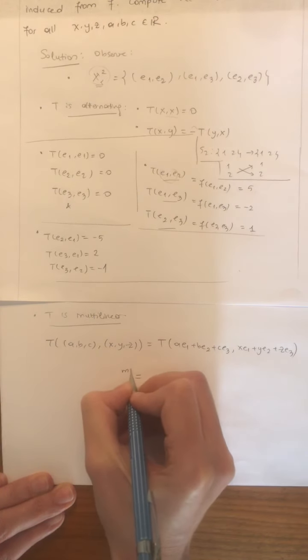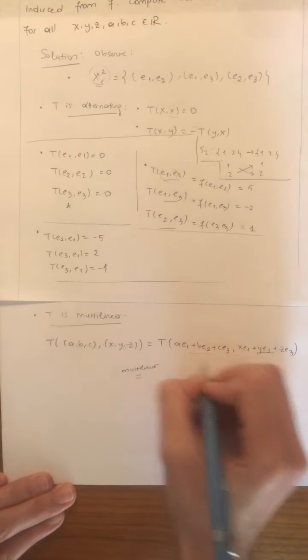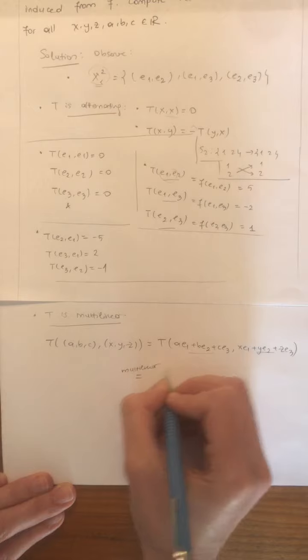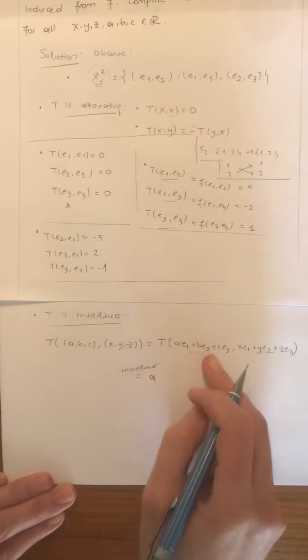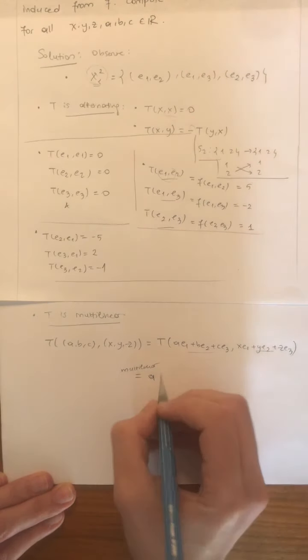And by the definition of the multilinear map, we are going to extend this transformation. So we distribute the addition, and we take the scalars out of the transformation.